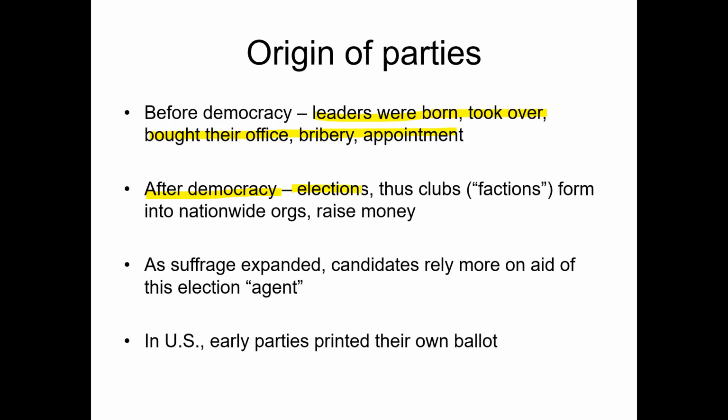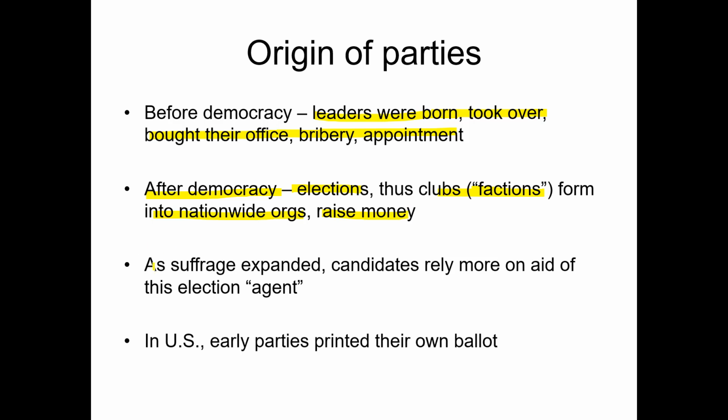Once the elections have been set up, these clubs, or what were originally considered factions, form into nationwide organizations and raise money for the purpose of getting their candidates into office.